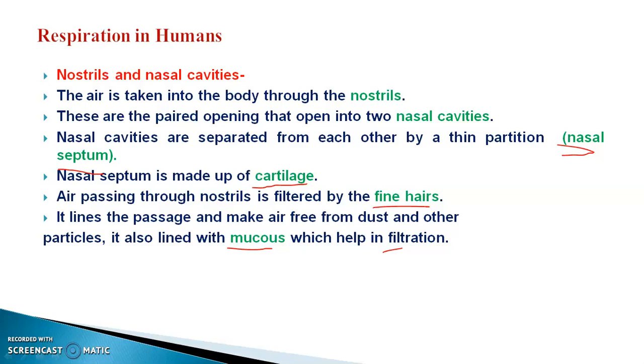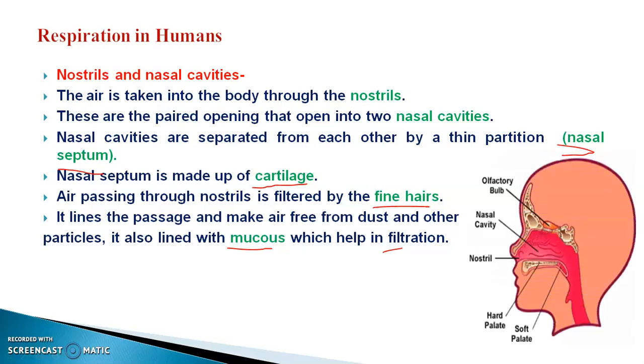These particles can be filtered by the hair and also trapped by the mucus present in our nasal cavity. But if the particle size is very minute, less than 2.5 micrometer, then these particles can enter our respiratory apparatus, into the lungs also.